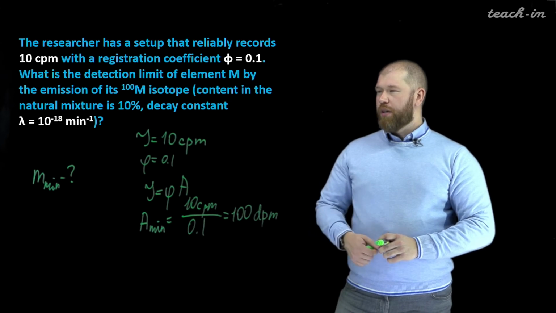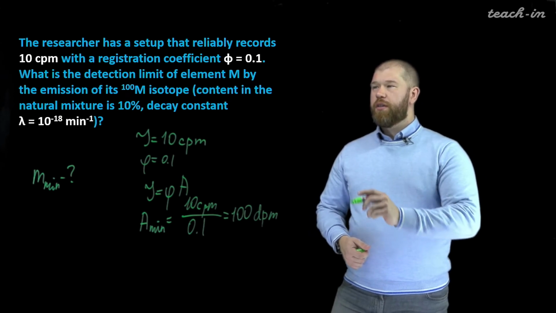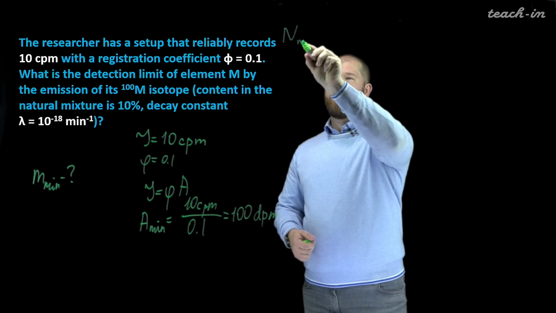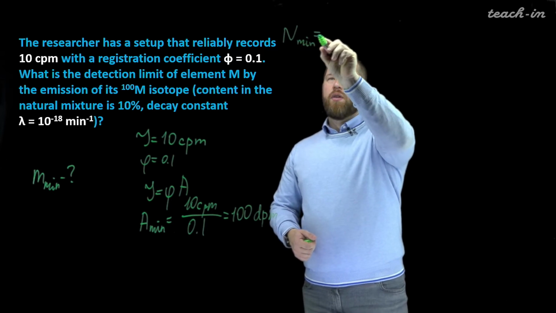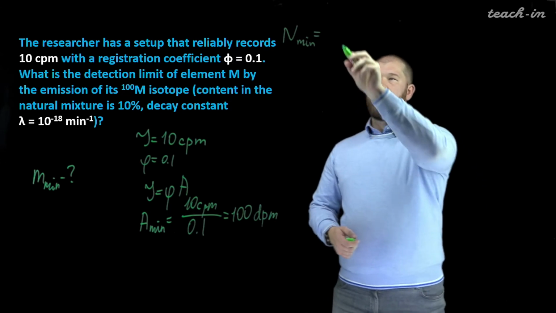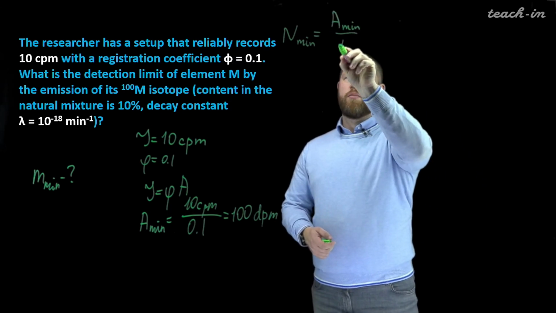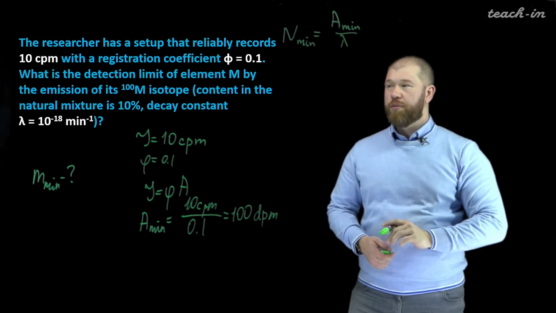From this we can calculate the minimum number of atoms, that we easily calculate from the minimum activity divided by the decay constant.